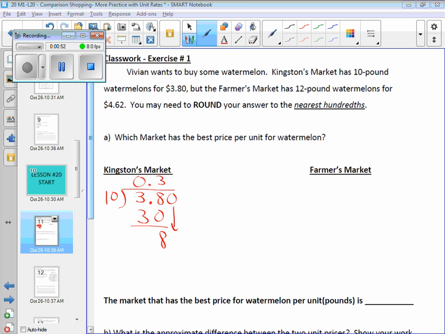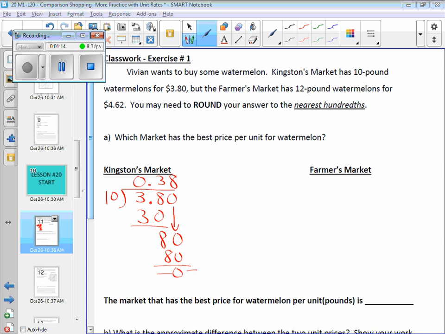Bring down the zero. And it terminates. So 38 cents per what? Per ounce at Kingston.